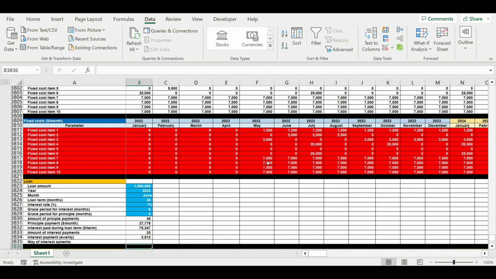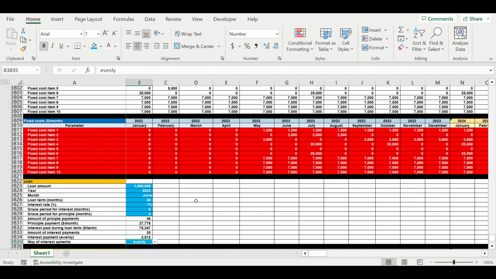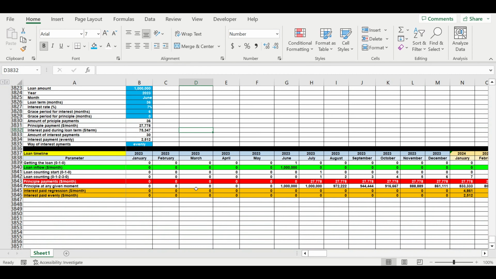So this is the input, and I'm coloring it blue. And then interest paid will be in dollars per month.